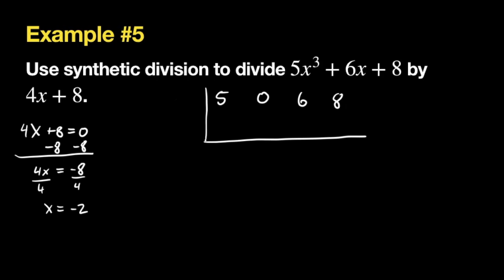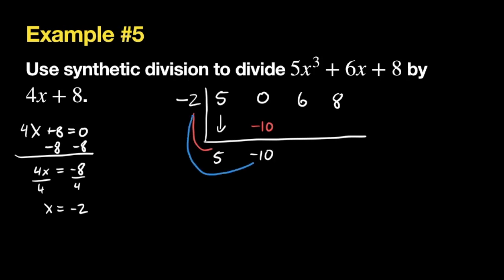So now we're going to be dividing by negative 2. We're going to follow the same process. We're going to bring down the 5. And we multiply negative 2 times 5 gives us negative 10. 0 minus 10, negative 10.